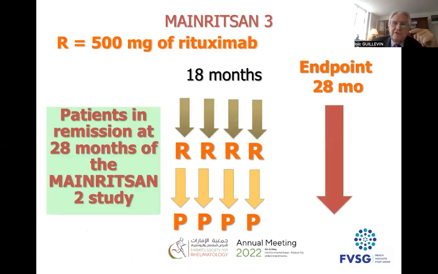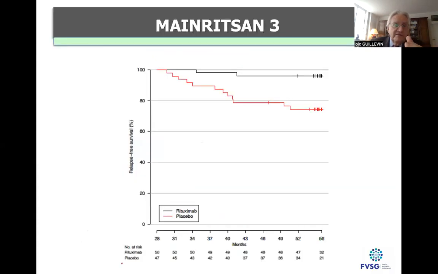We made also a MAINRITSAN-3 trial, which was to prolong the immunosuppressant with rituximab every 6 months for 18 months, additional to the other trials, because these patients were a part of the group which was included in the MAINRITSAN-2 trial. And the results are clear. The more you prolong the treatment with rituximab, the less relapse you will observe.